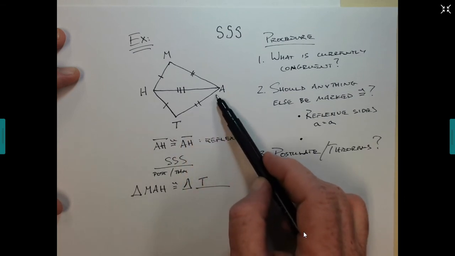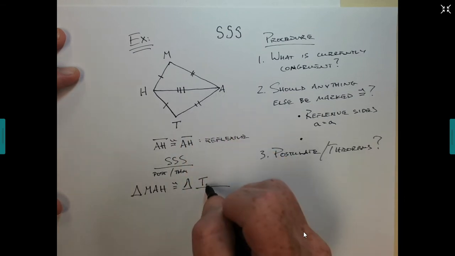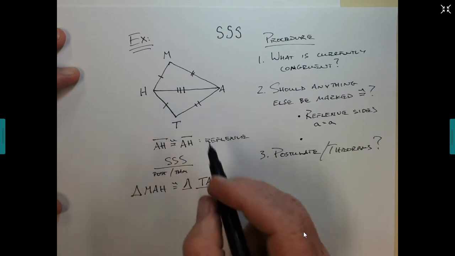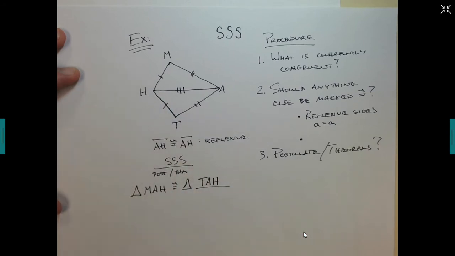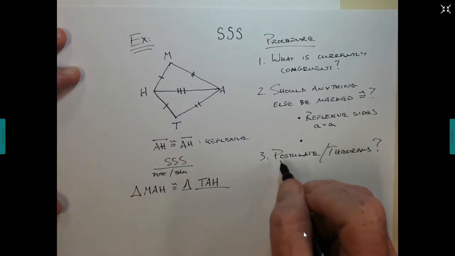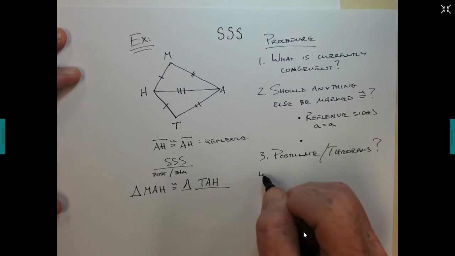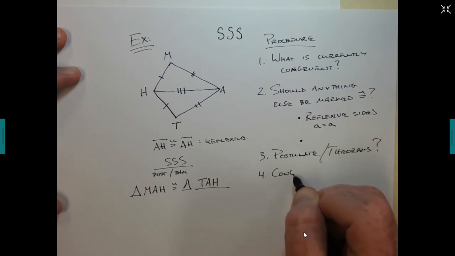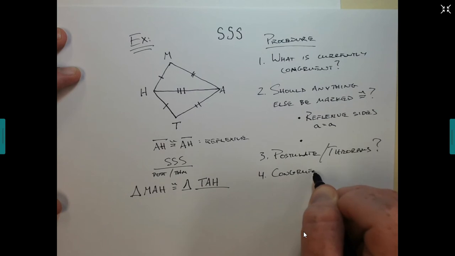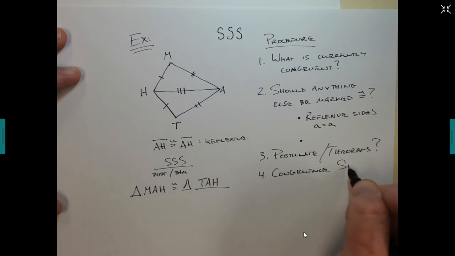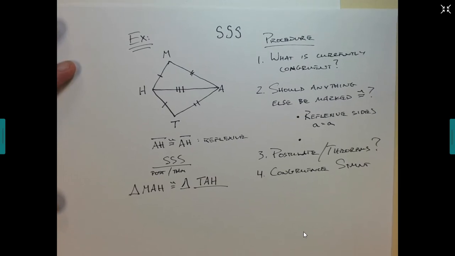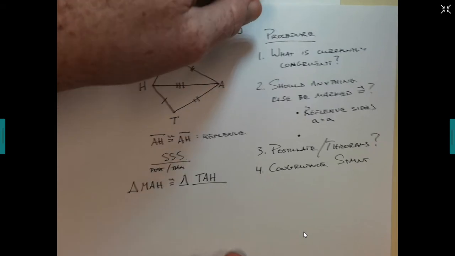I need to go also to A. And then my last point on the other triangle is H. So I needed to decide on my postulate theorem, and I had to complete my congruence statement. So let's see if we can use those procedures again on a new example.